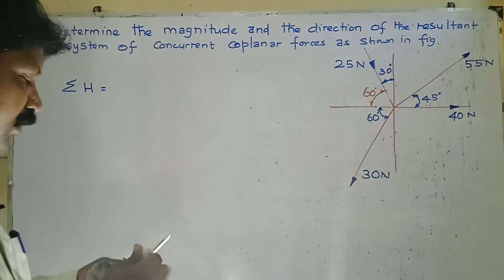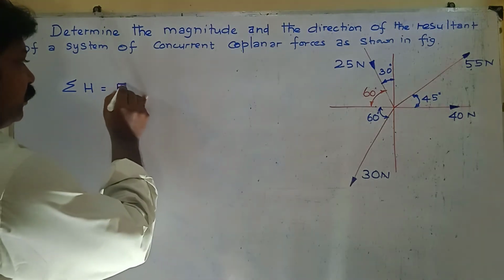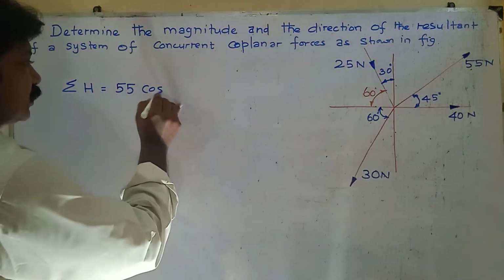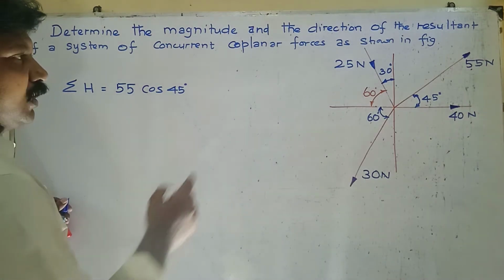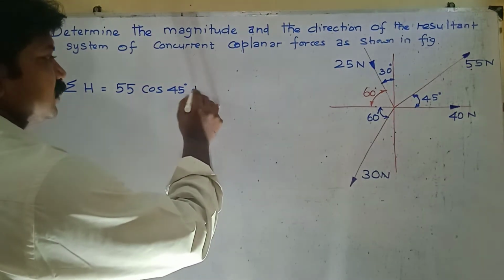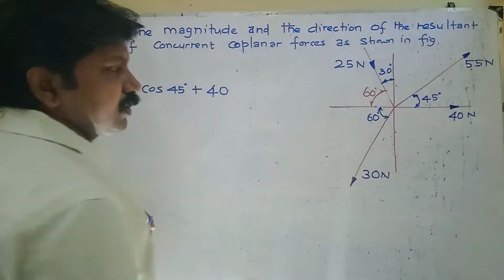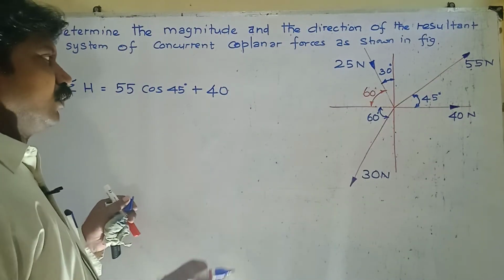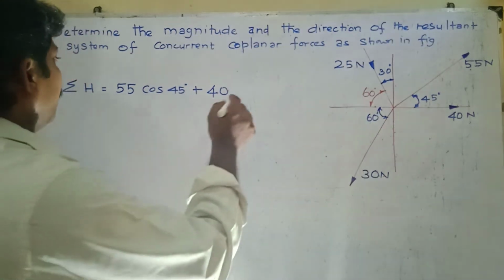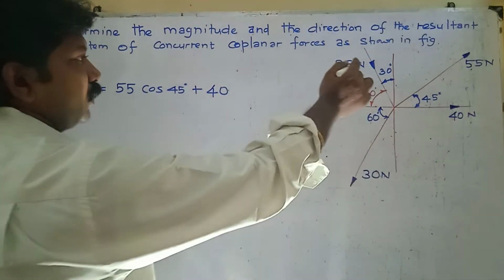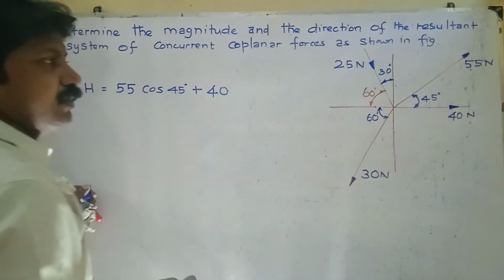So sigma H equal to 55 cos 45 degree, plus 40 Newton. The 40 Newton is only in horizontal direction, so no need to put the angle. And then 25 cos 60 towards negative direction?